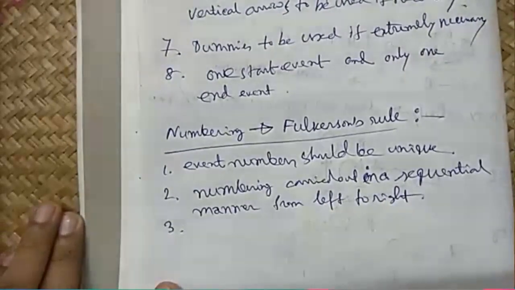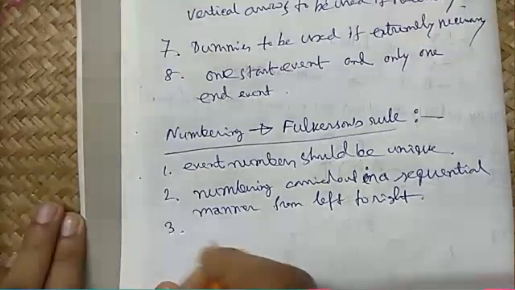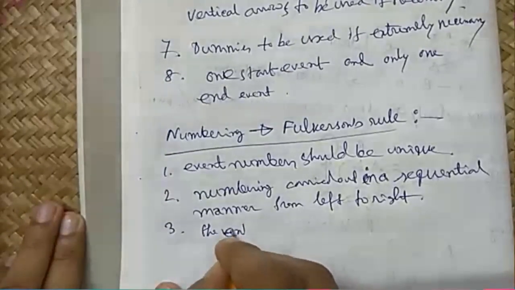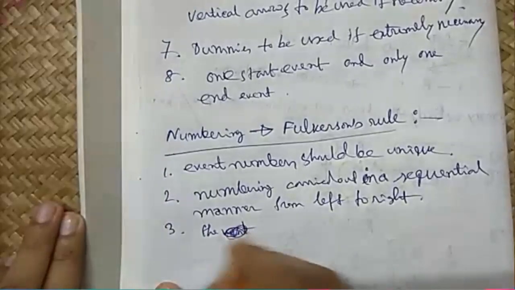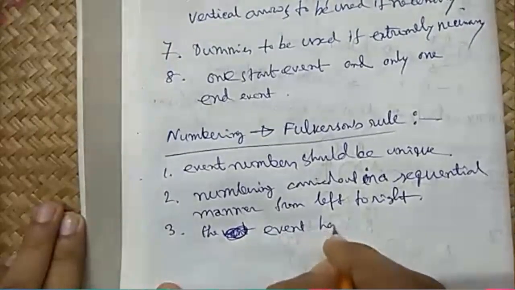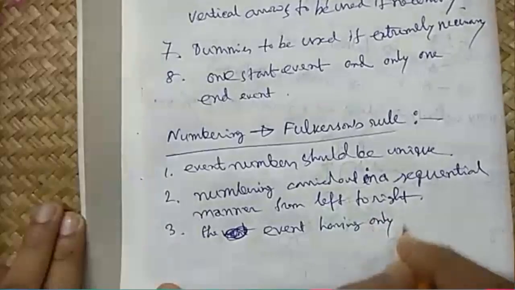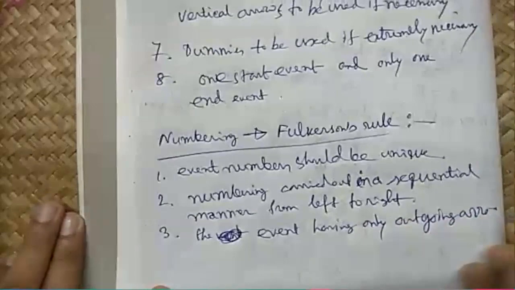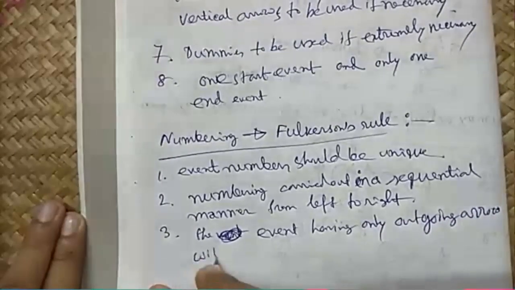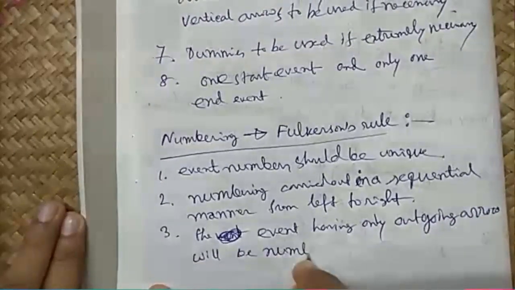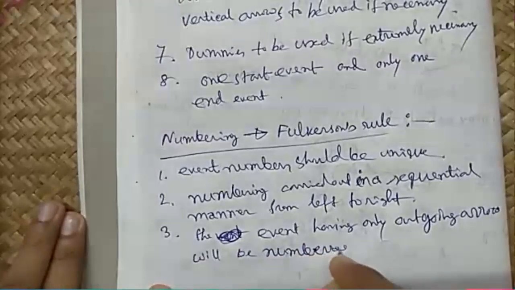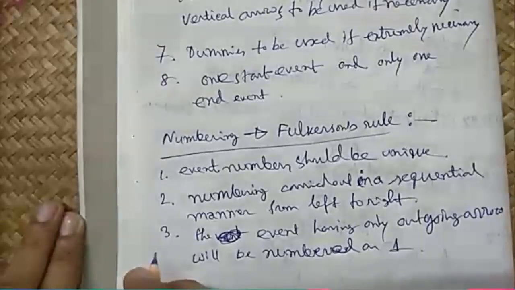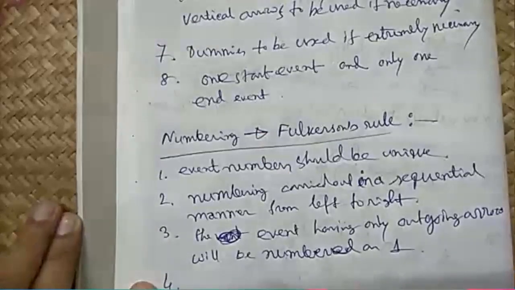Number three, the event having only outgoing arrows will be numbered as 1, and later on we will continue.